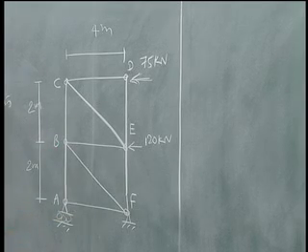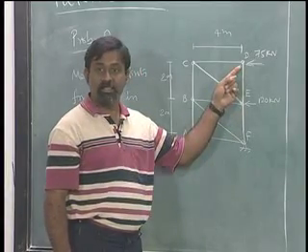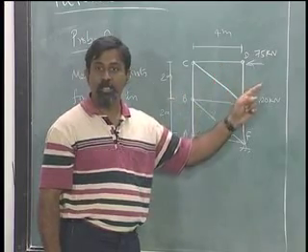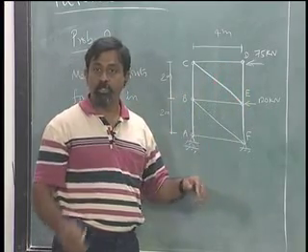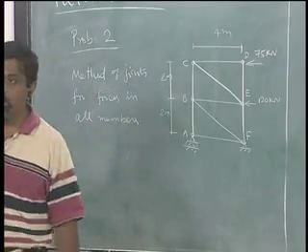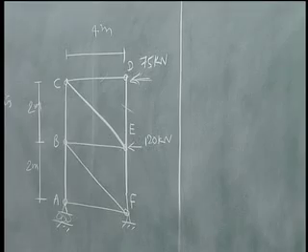As you can see, the best point that I can start off with is point D. Why? Because there are only 2 unknowns and I can easily use those equations in the horizontal and vertical equilibrium in order to solve for forces in these 2 members. Okay. So that is how we start off.